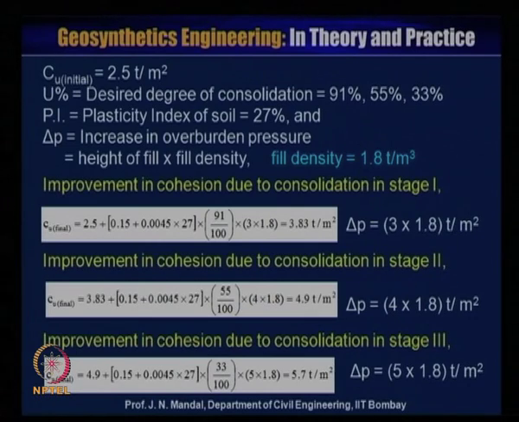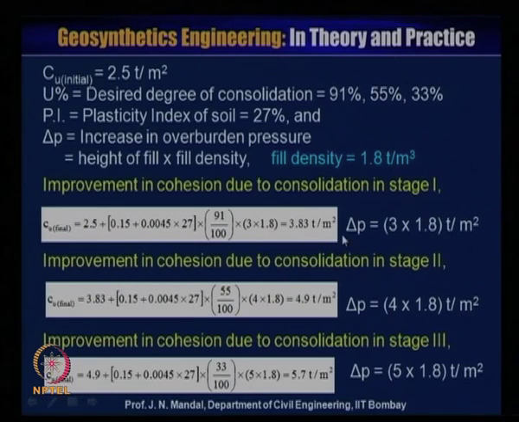So the improvement in cohesion due to consolidation in stage 1: Cu final will be equal to 2.5, the initial cohesion value, plus 0.15 plus 0.0045 into 27, the plasticity index, into 91 by 100, into delta P, where delta P is the height 3 into the density 1.8, that is 3 into 1.8.